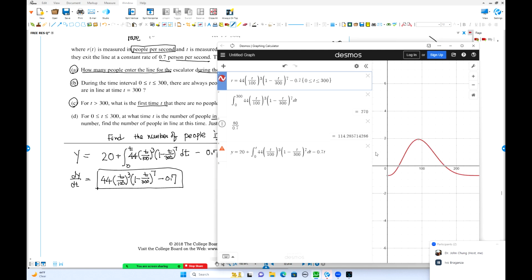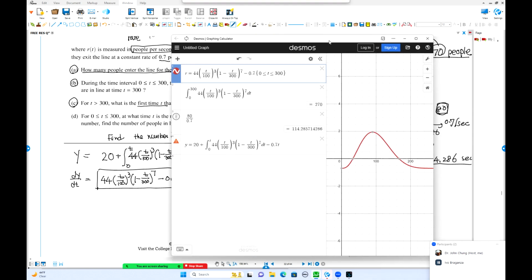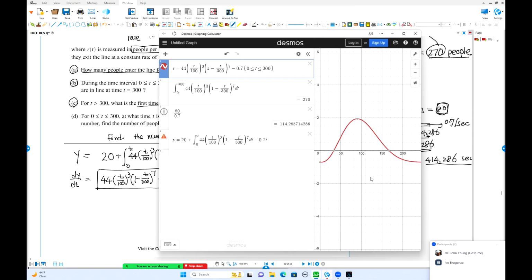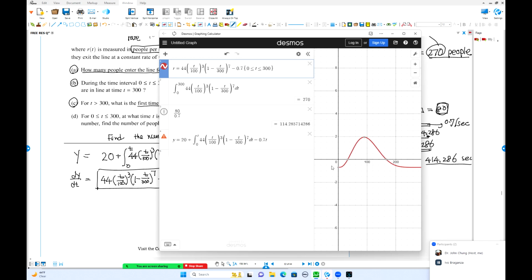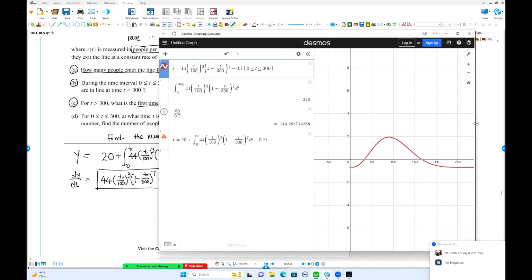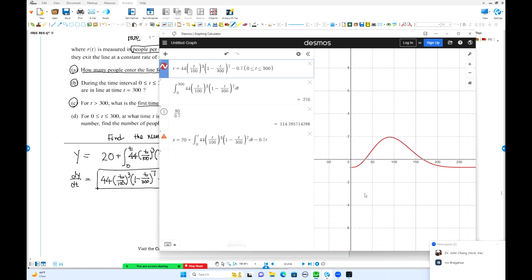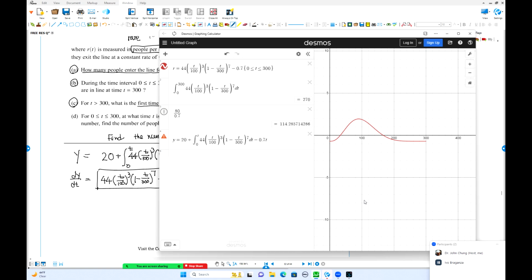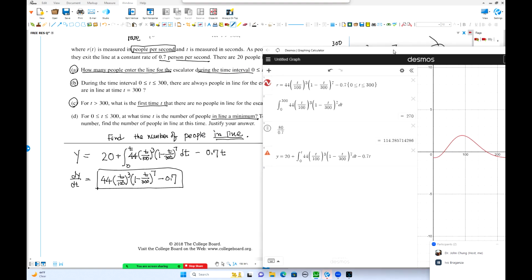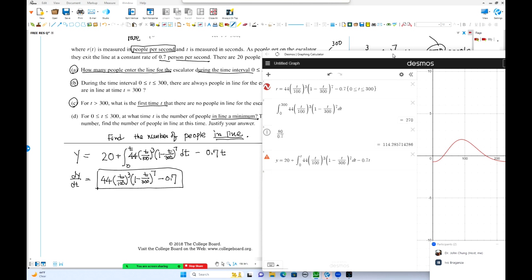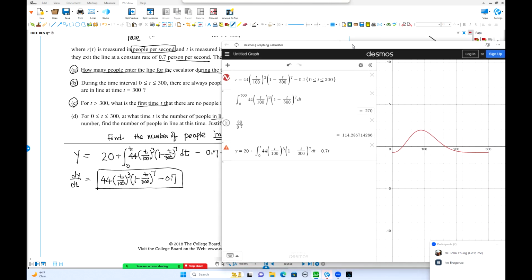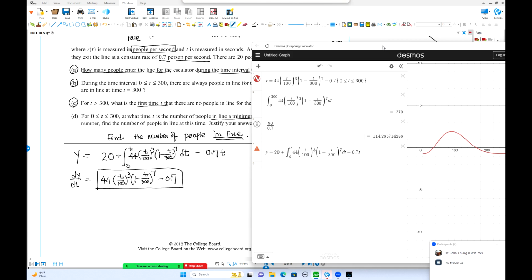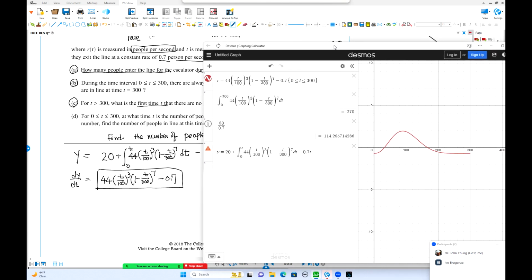So we're going to make a graph of it. This is the graph. For what value of t is the number of people in the line minimum?